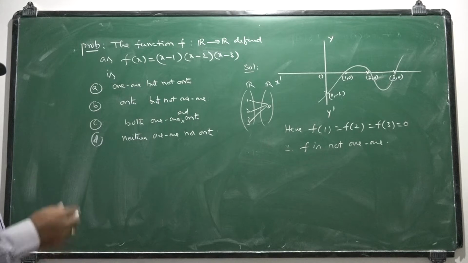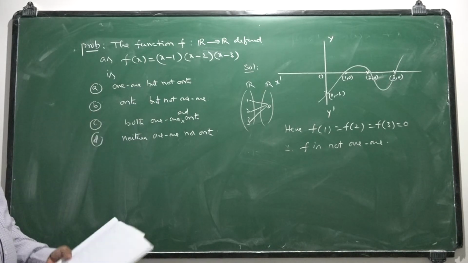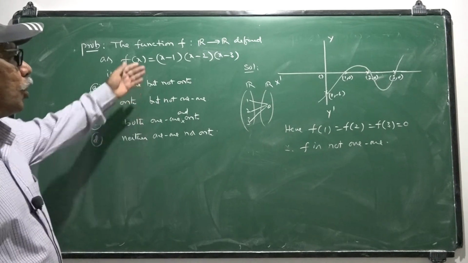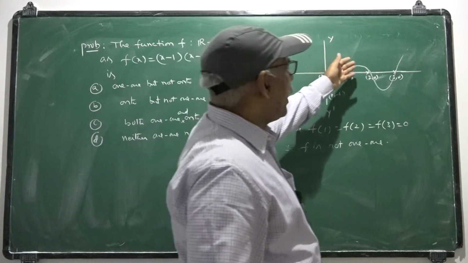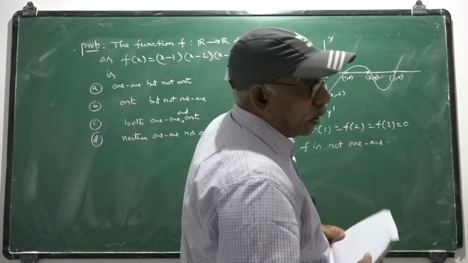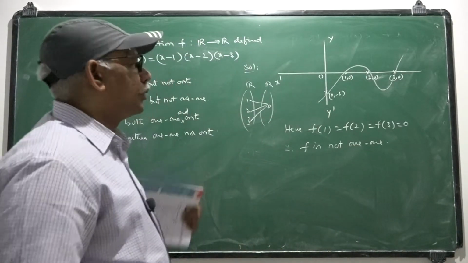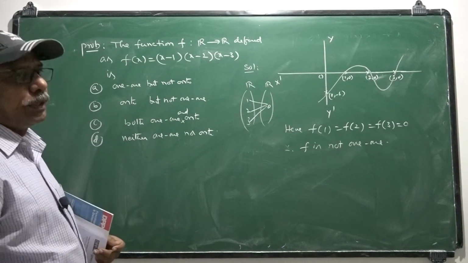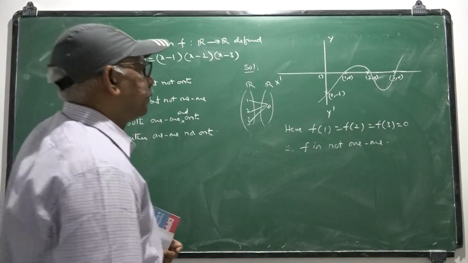Whereas, observing the curve, since it is a polynomial curve, there are no breaks in the curve. It is a smooth curve, with no discontinuity. So clearly it is an onto function.